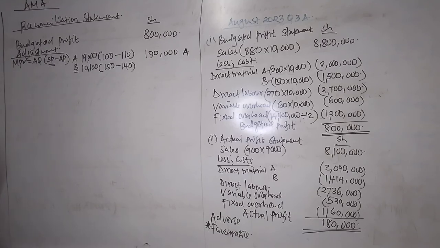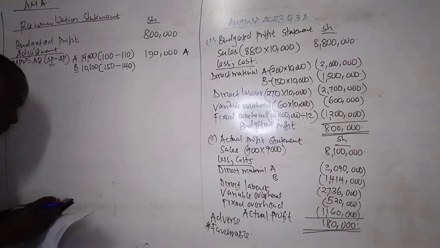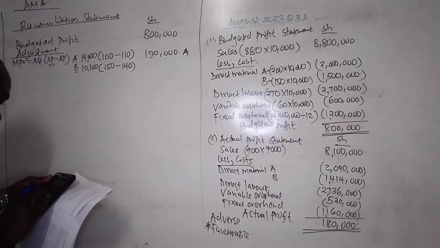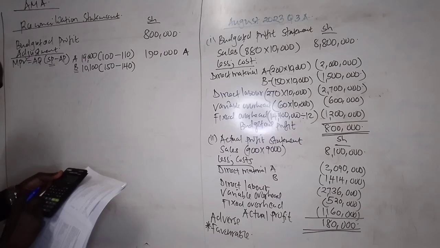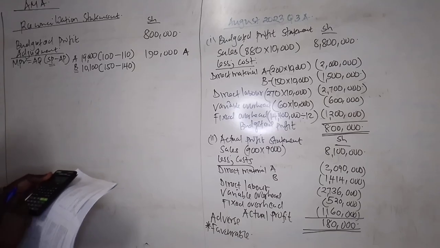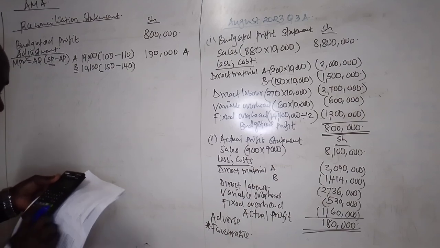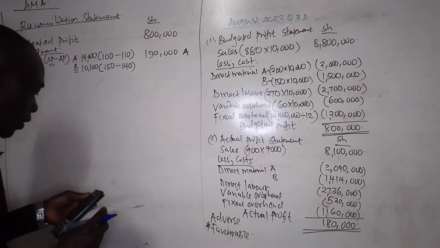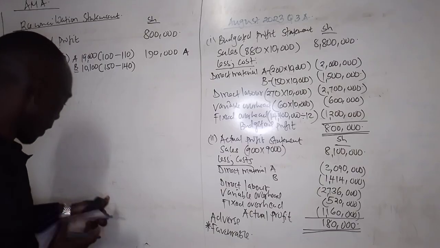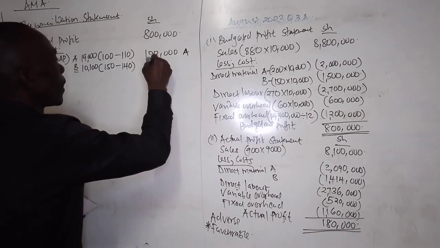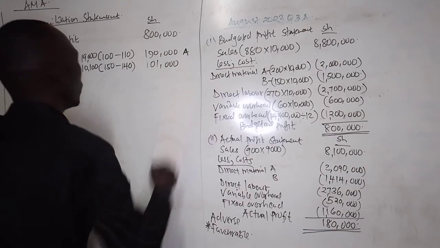We are talking about the cost, material price. Then the next one will be 10,100 into bracket 150 less 140. So how much are you getting? It is 101,000.